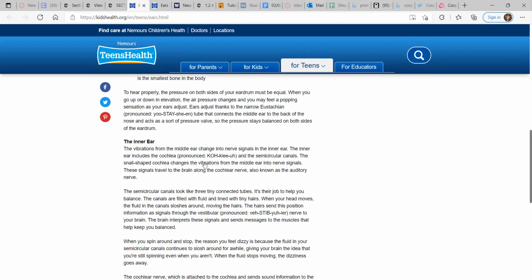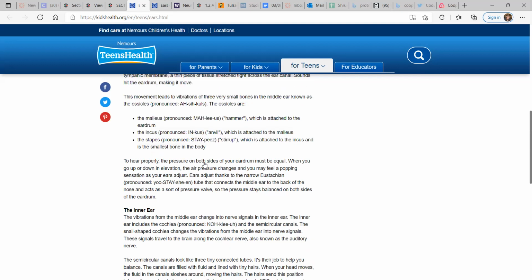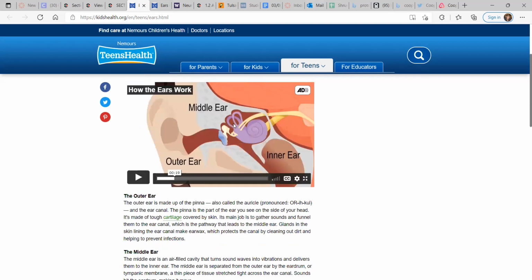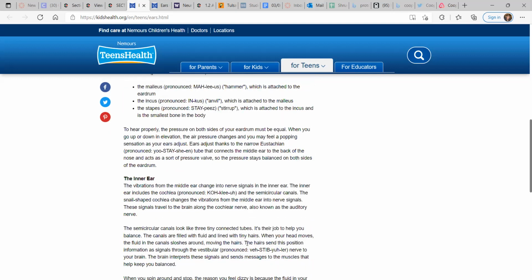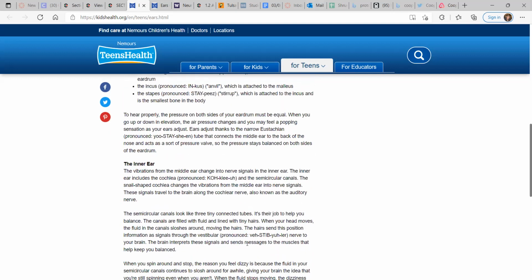Within the inner ear, you have the cochlea and the semicircular canals. The snail-shaped cochlea, you can see that here, looks like a snail. That changes the vibrations from the middle ear into the nerve signals that are then sent to the brain.